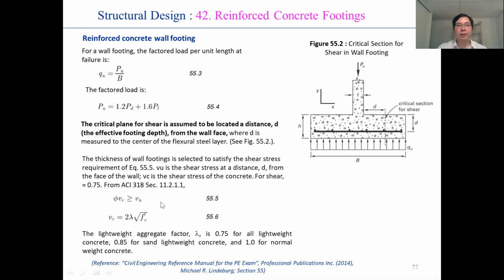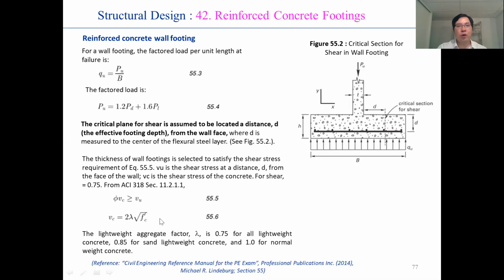In this slide, I show you some reminder about the factored load per unit length at failure, the corresponding equation, and the factored load per unit area.